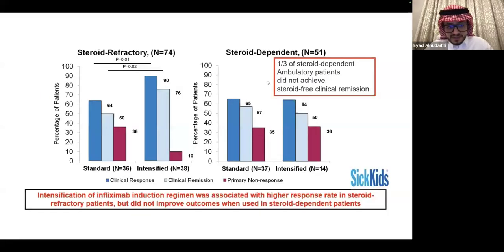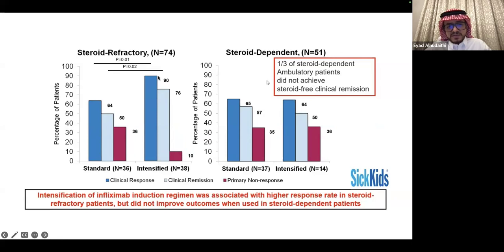And this is a study in those who have steroid refractory acute severe ulcerative colitis. You can see the intensification of infliximab induction was associated with higher response rates in the steroid refractory.